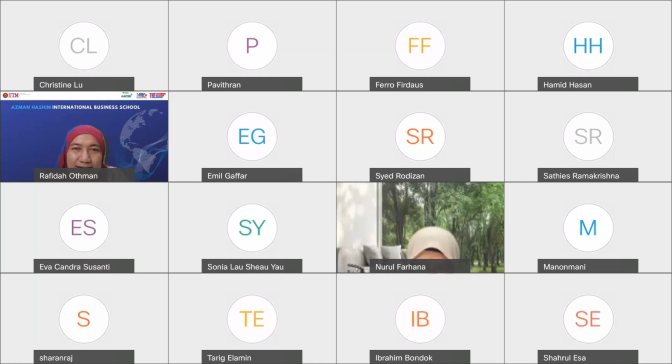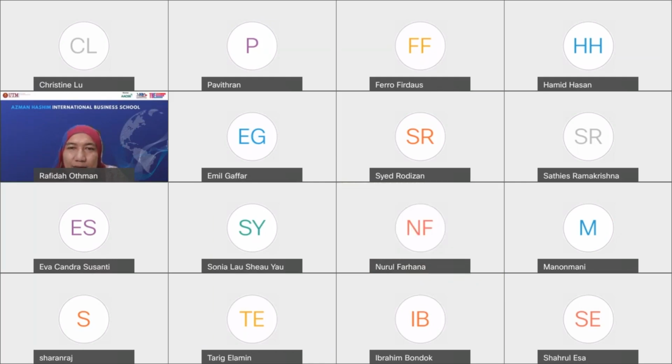Nurul boleh? Dah ada group dengan Christine, Vero. You dengan siapa? Vero, group Christine, 2 kan? Okay, group 2. Christine and Vero. Hamid, which group Hamid?